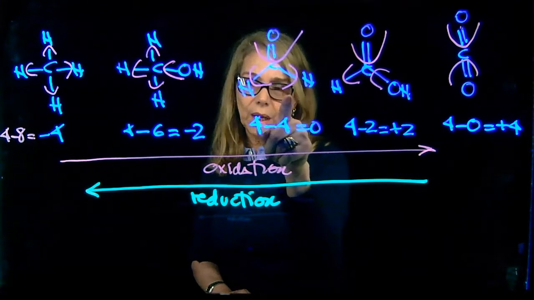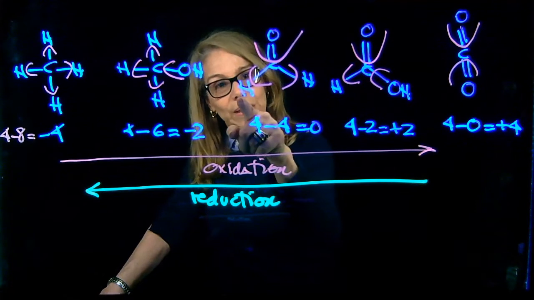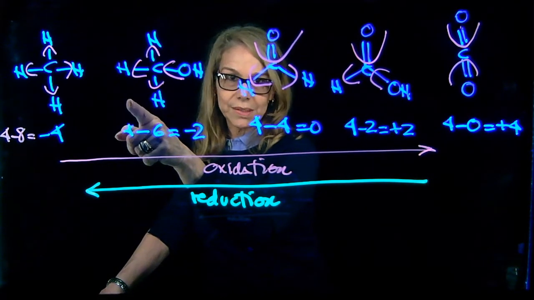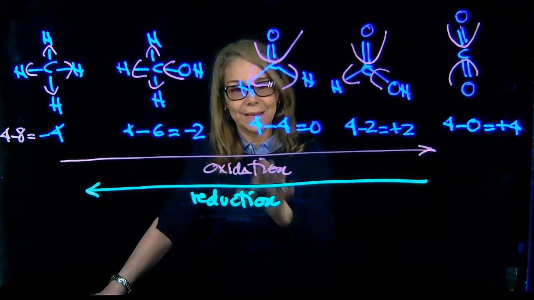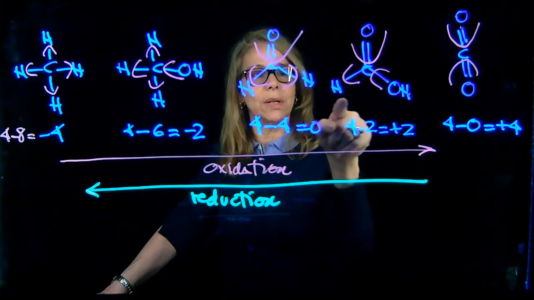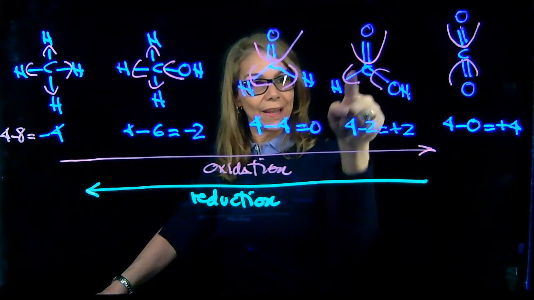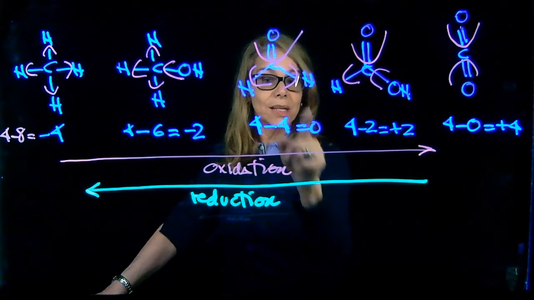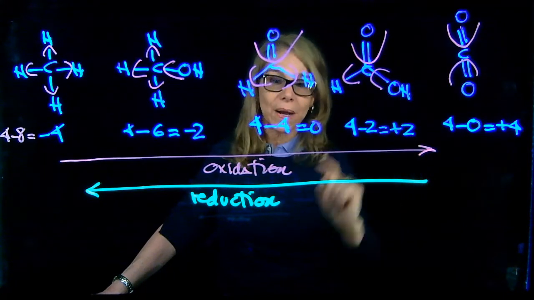Moving on to the right, which is the oxidation according to those numbers, I notice that I only have 2 bonds to hydrogen, so 1 less bond to hydrogen compared to this, but 2 bonds to oxygen. And following that progression, here this carbon has 1 bond to hydrogen and 3 bonds to oxygen, and here we have 4 bonds to oxygen.